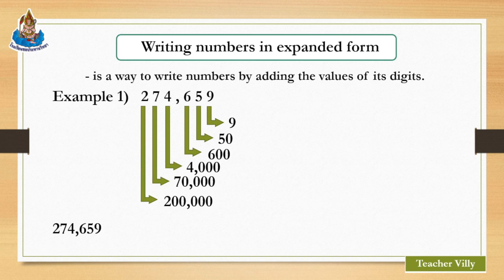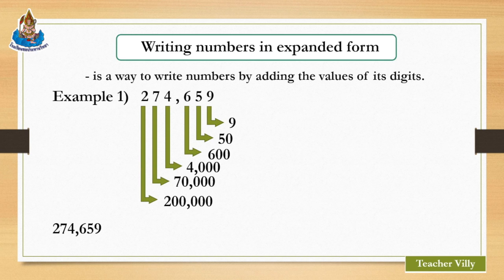When we write a number in expanded form, it is a way to write numbers by adding the values of its digits. Adding means we use the operation addition.